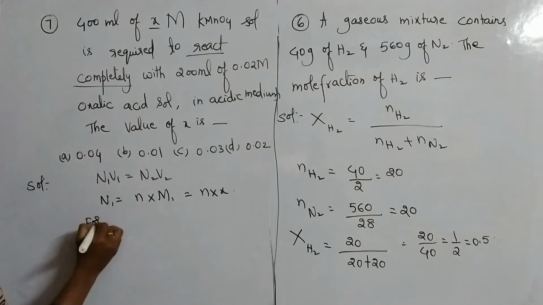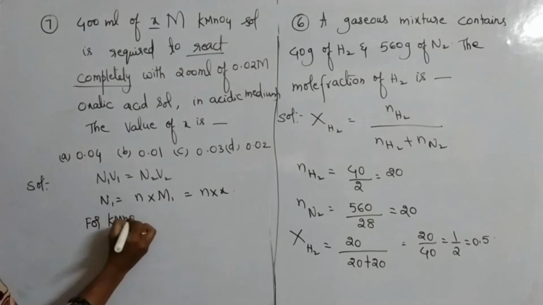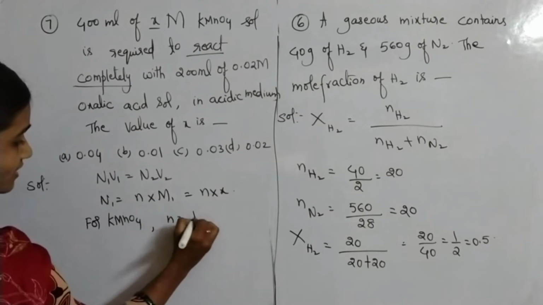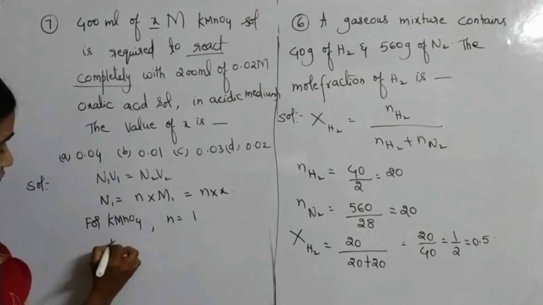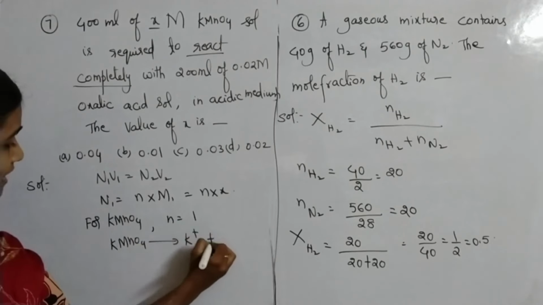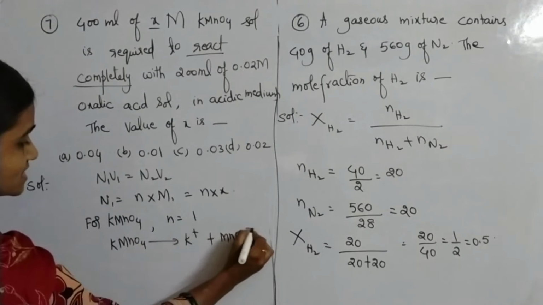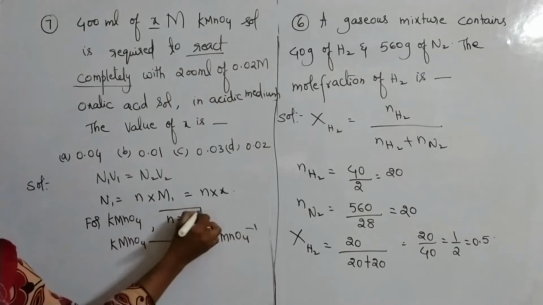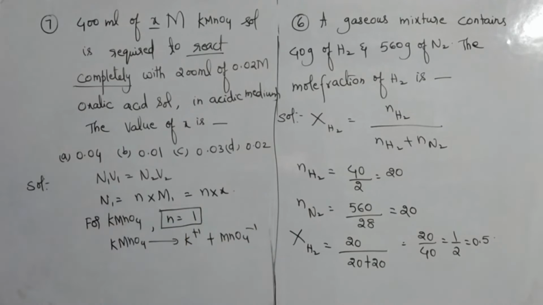KMnO4 is an oxidizing agent. The n factor is 1 only. KMnO4 dissociates into K plus and MnO4 minus, so the charge is plus 1 or minus 1. So the n factor is 1 for KMnO4.